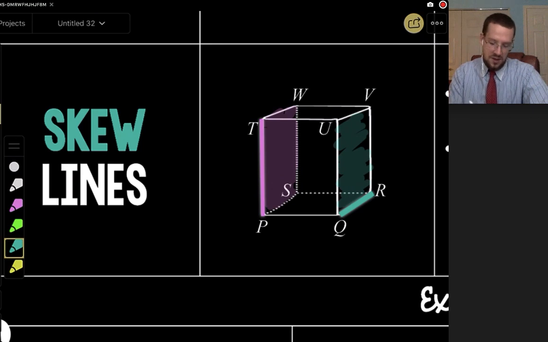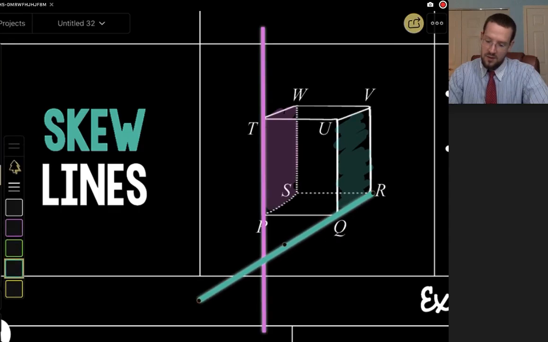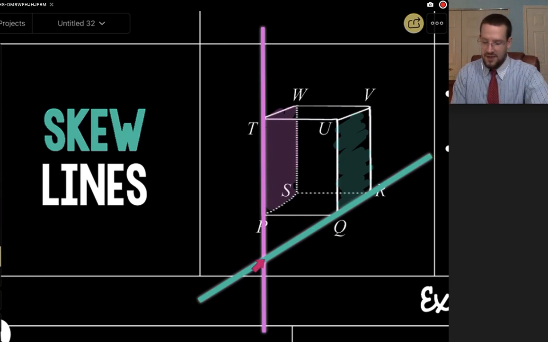And if we extend these line segments a little bit more, even though it looks like they would touch, what's happening here is that this line is actually going to be behind this line.